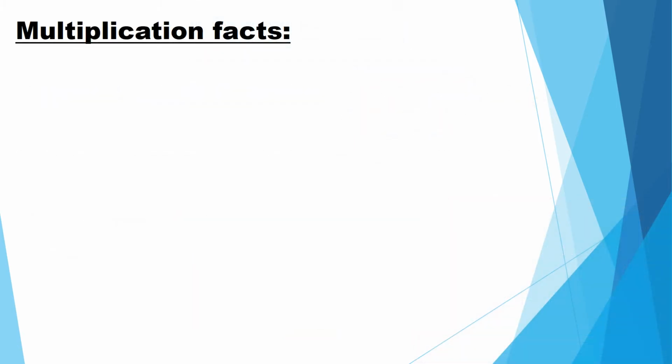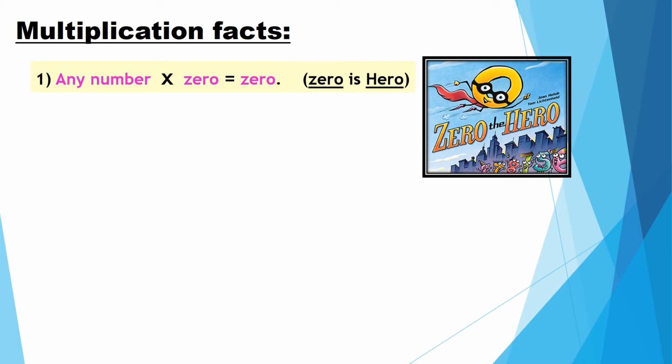Now, let's see our multiplication facts. The first fact we have: 0 is hero. What do we mean by 0 is hero? Any number times 0 equals 0. Always 0 wins.